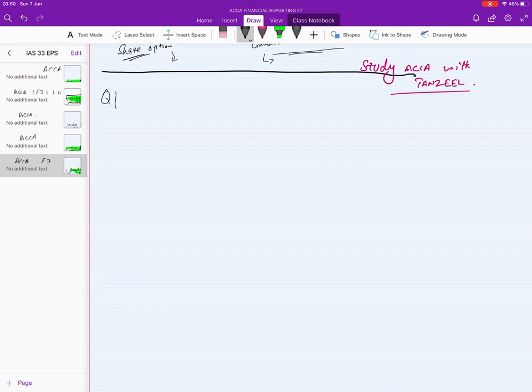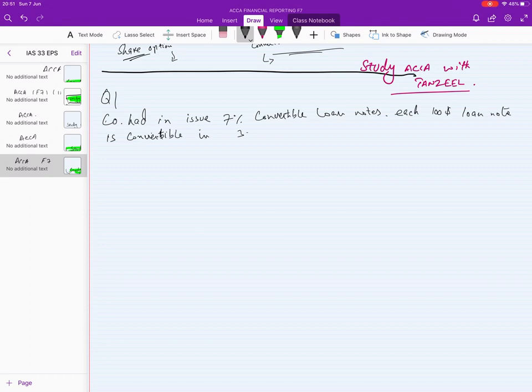It says the company had in issue 7% convertible loan notes. Each $100 loan note is convertible into 30 shares.